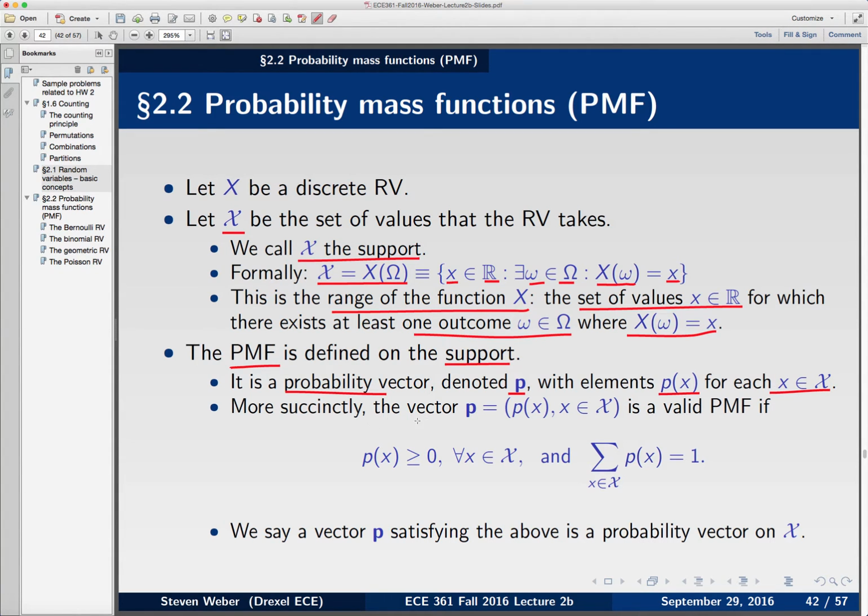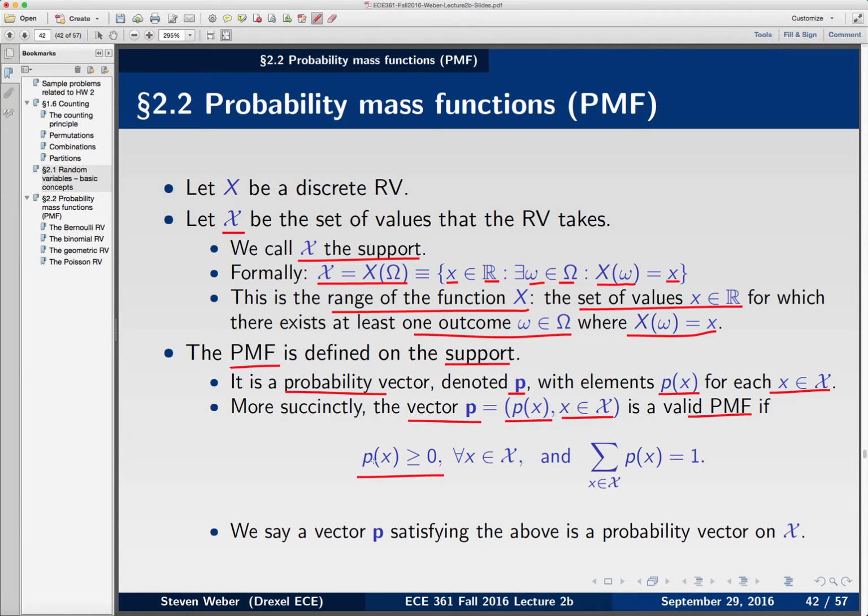This vector is said to be a valid probability mass function if it satisfies the following two properties.